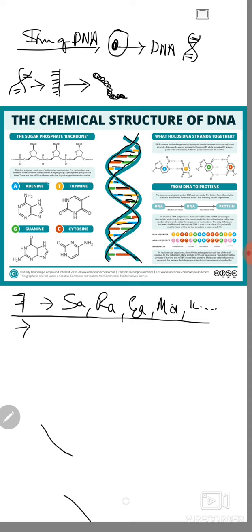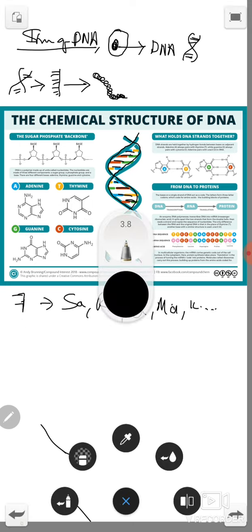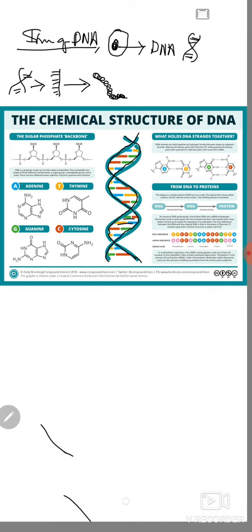These are number one, adenine, then thymine, then guanine, then cytosine. So we have four building blocks, and by the combination of these four blocks we find various combinations of nucleotides in DNA.